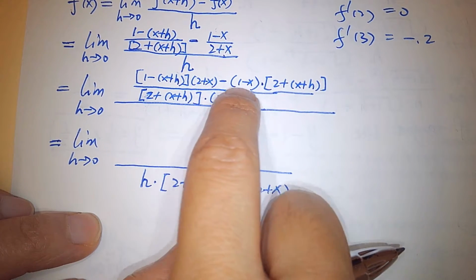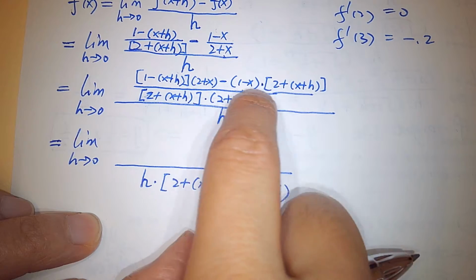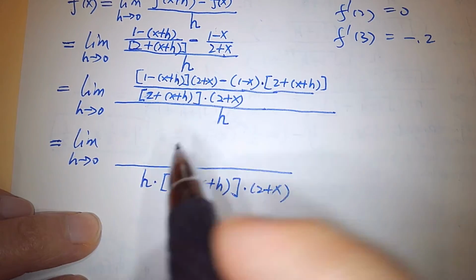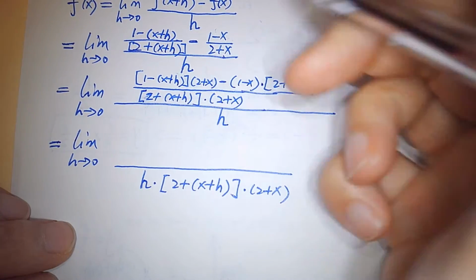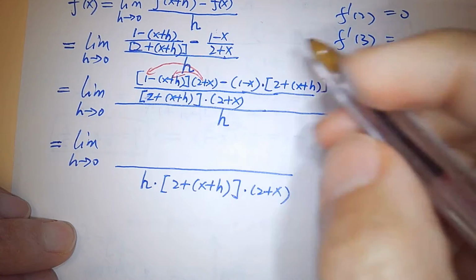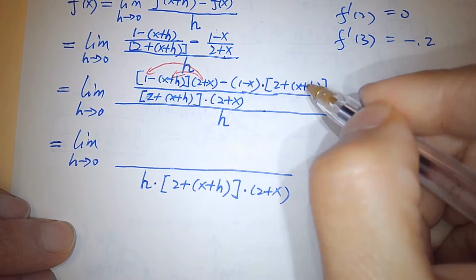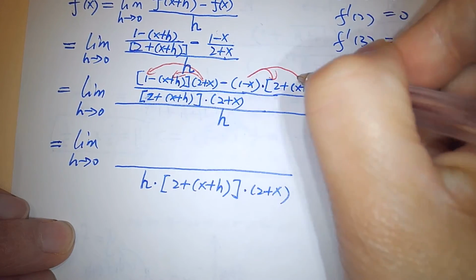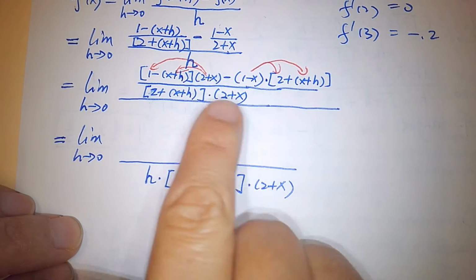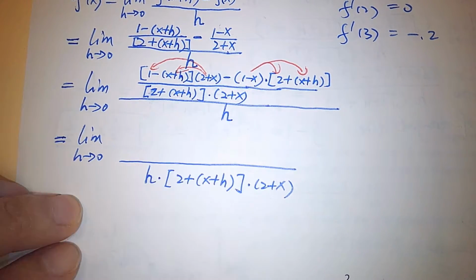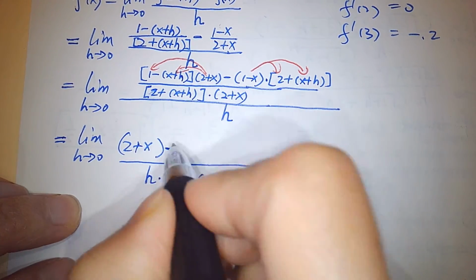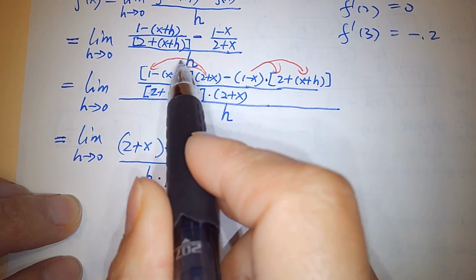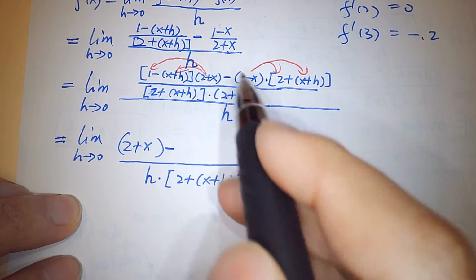And now we have to simplify the numerator. That's a lot, okay, the numerator. So how? I would use 2 plus h to distribute, okay, and later use this to distribute. Okay, so 1 times by 2 plus x give us 2 plus x minus what? X plus h times by 2 plus x.